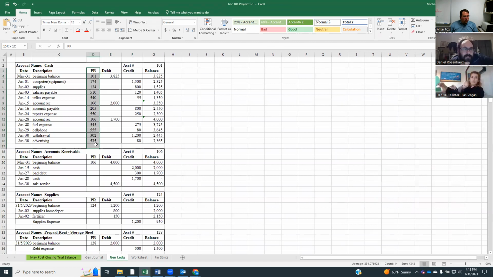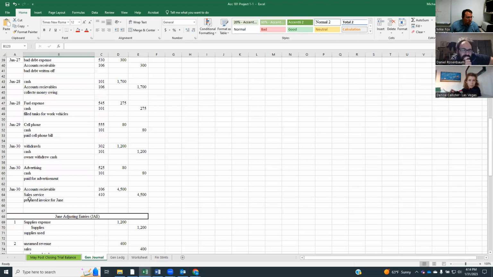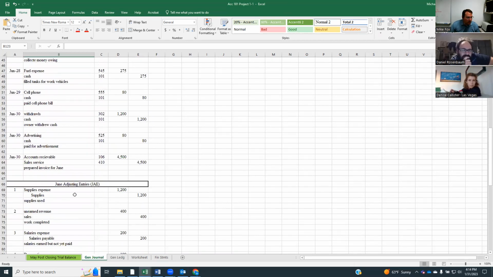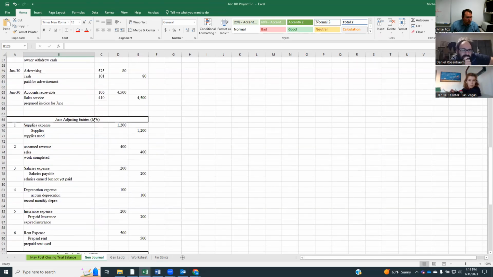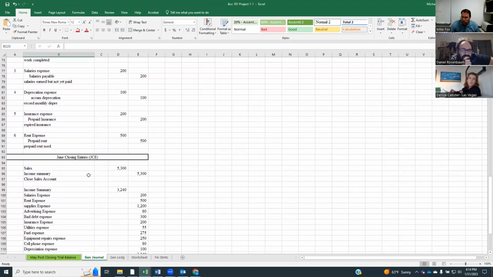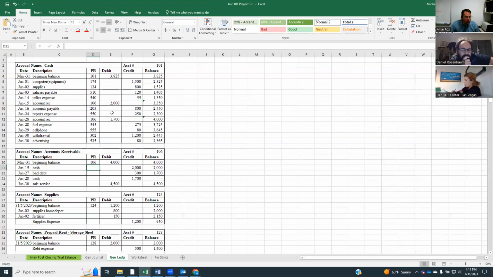This is somebody else's work, by the way, so don't look at it as an example of us. It is not the key. I just opened one that somebody had sent me asking for feedback. Typically, our adjusting entries we're just going to abbreviate with JAE, or JCE for closing entries, in the post reference.